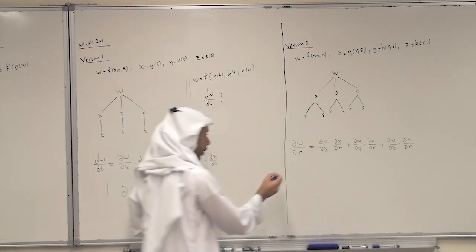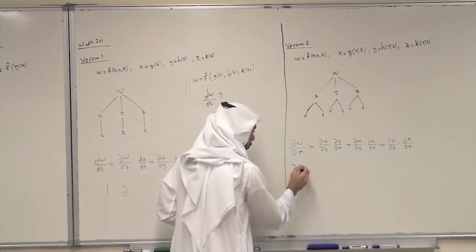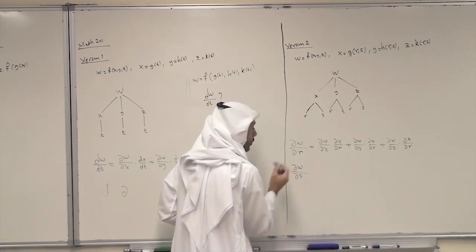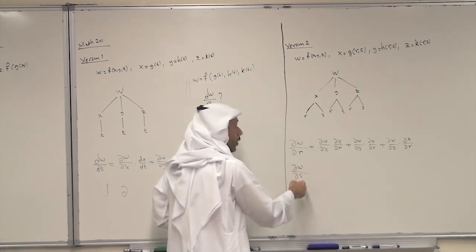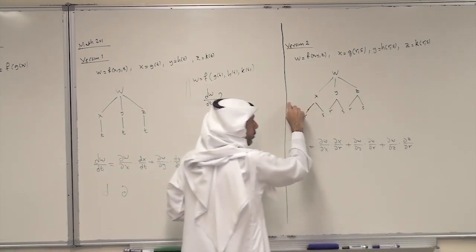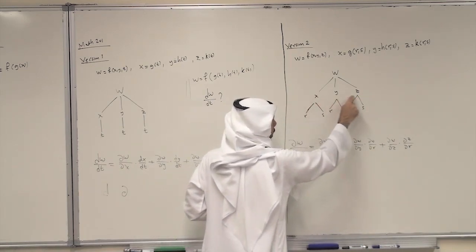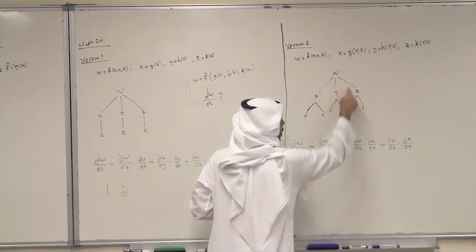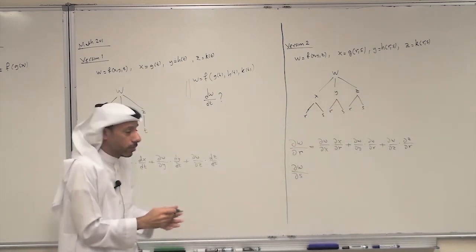In a similar way, we can find partial derivative of w with respect to s. We can go from w to s through three paths, through the intermediate variables x, y, and z. And through each path, we apply the chain rule of Math 101.